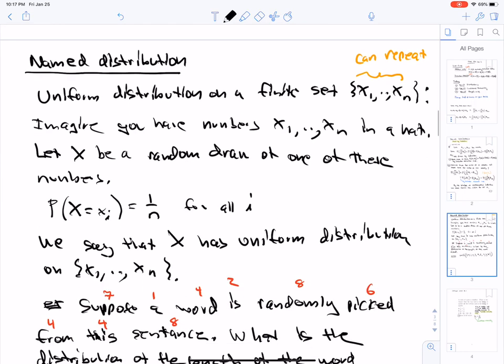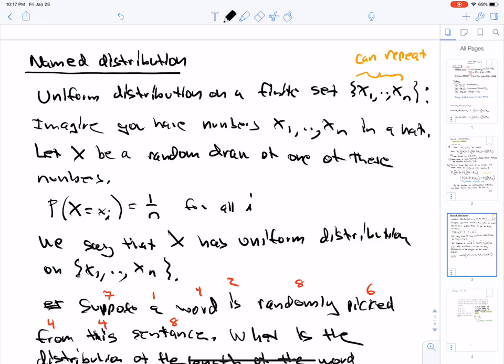Now a named distribution that you should be aware of is called the uniform distribution. In particular, this is the uniform distribution on a finite set.